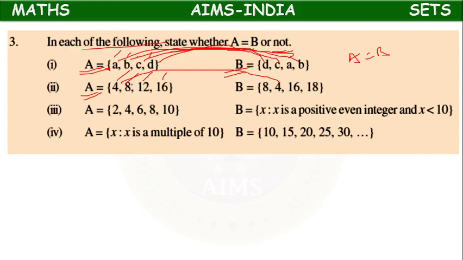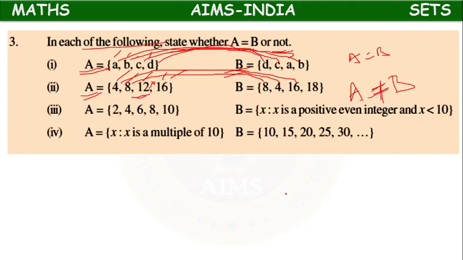So 4 is present, 8 is present, 12 is not there, 16 is present. One element is not present. If even one element is absent, then we can tell that they are not equal.